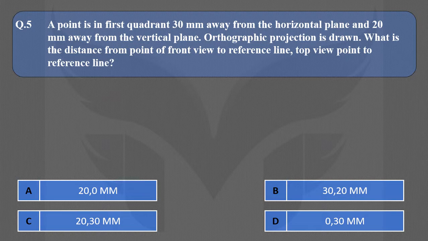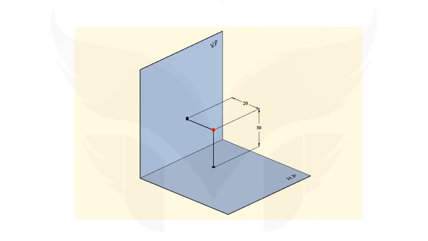Let's try to visualize this condition first. Here, the point is 30 mm away from the horizontal plane and 20 mm away from the vertical plane. For the front view, imagine that you are looking in this direction, and in the front view you can see how much distance the point is above the HP, and here it is 30 mm. If you imagine you are looking from the top, then you can see how much distance the point is in front of VP.